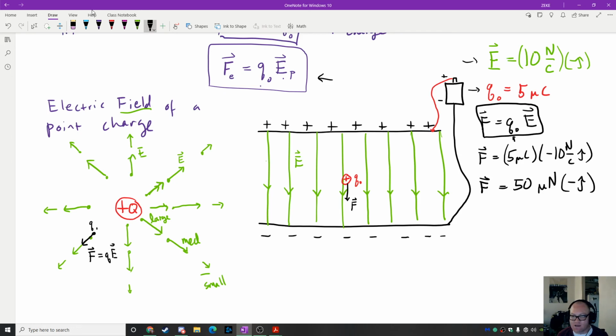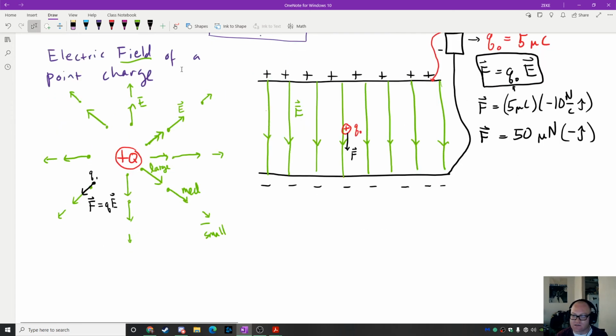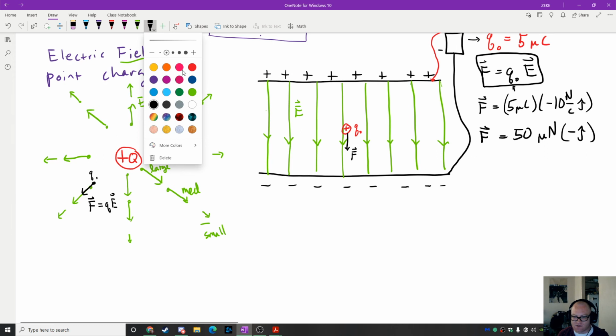Now, the thing about the electric field is it exists whether or not there is a charge there to feel it. That field was already there, even though you didn't have a charge to feel it, right? The best comparison for this, for something that you've learned before, is, I think it was Barron that said this, the gravitational field of our planet.